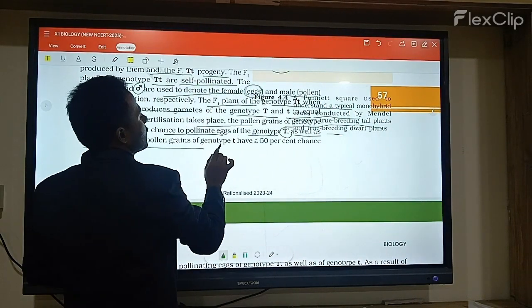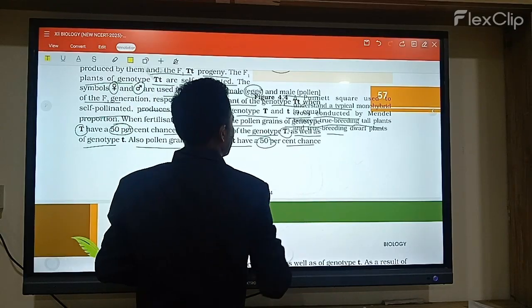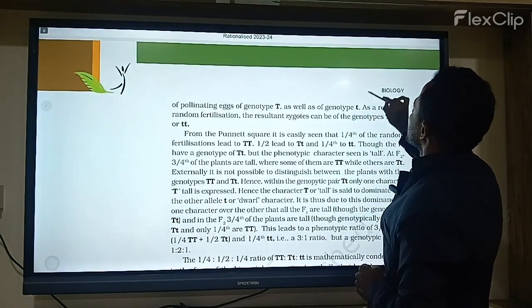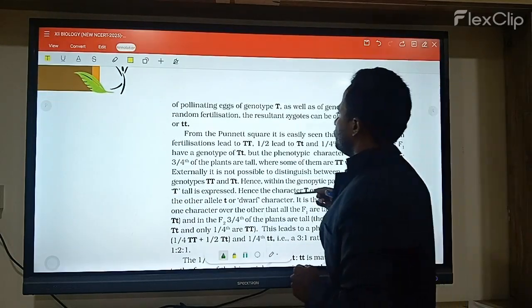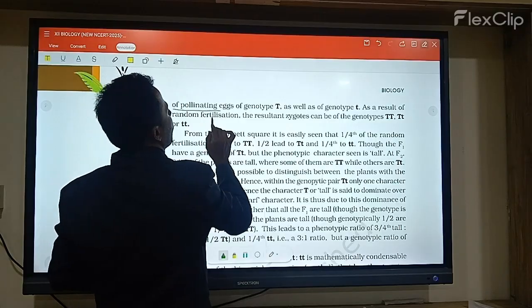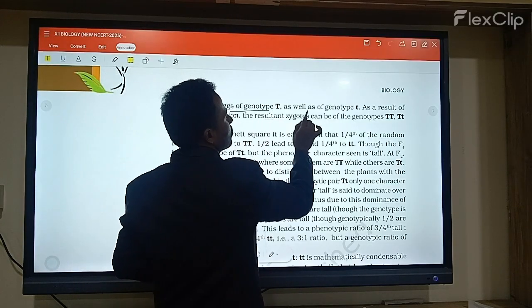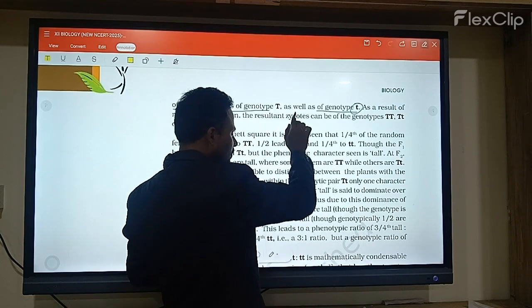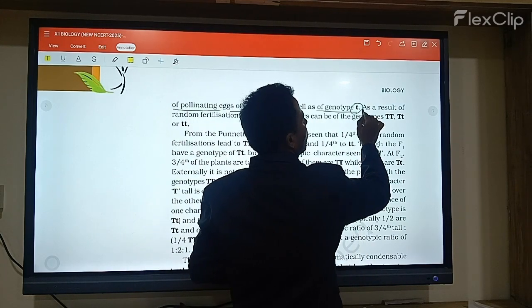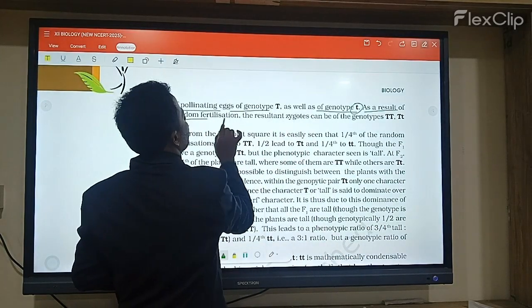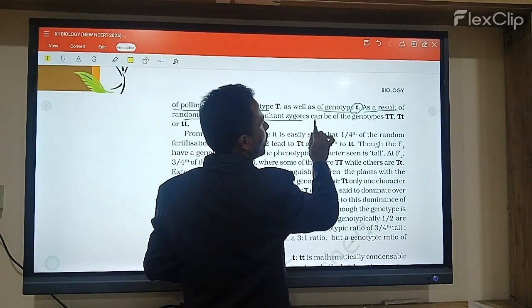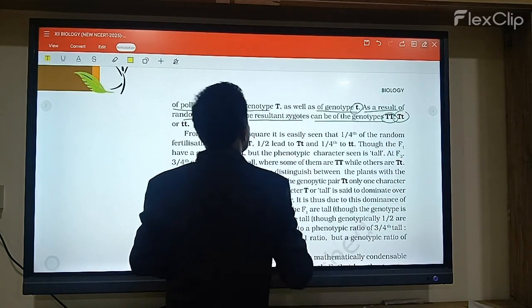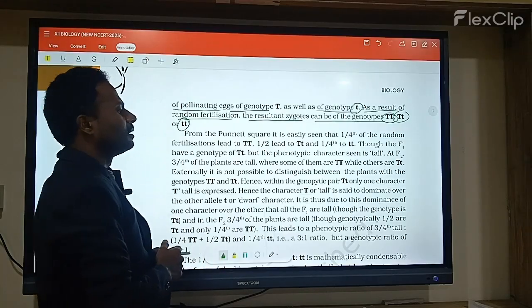The pollen grains with small t are also produced. In the pollination of the eggs, the genotype capital T as well as the pollen type small t form, and as a result of random fertilization, a zygote forms with the genotype capital T small t, and then small t.